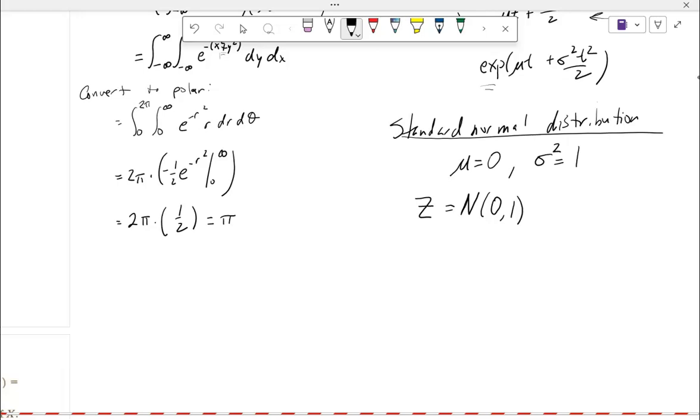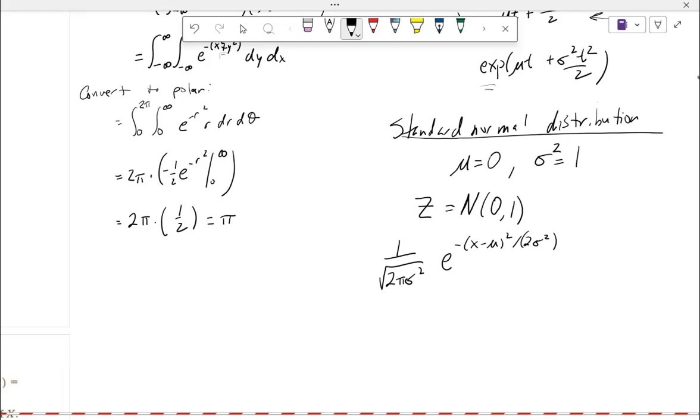Let's look at our PMF again. That's our general PMF. If I want to convert this to the standard normal, what would be the standard normal?